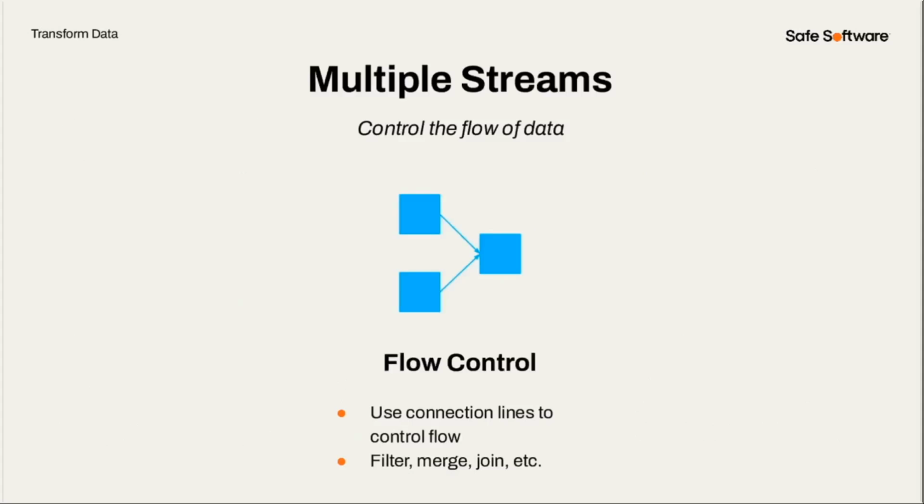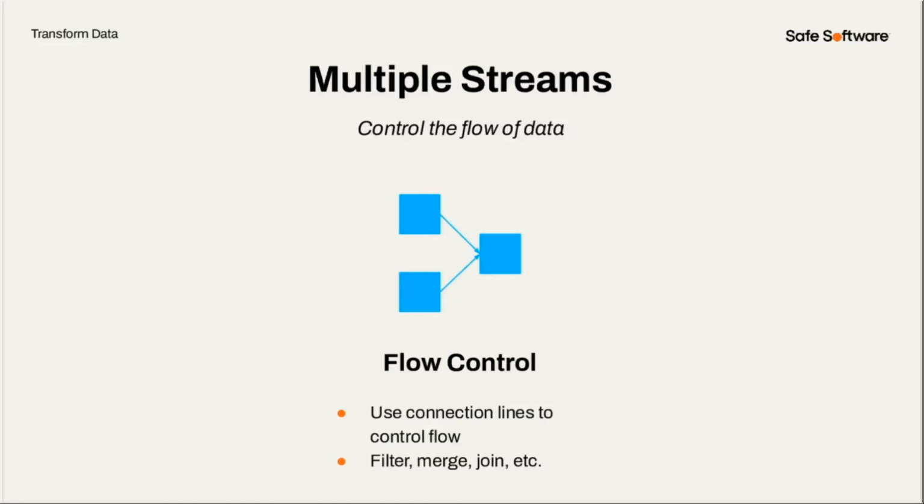In FME Workbench, as you saw, we guide features through the workspace using connection lines. And with many different transformers and many different readers and writers, you're going to have multiple connection lines coming from different parts of your workflow. And if you do have multiple connection lines coming out from different ports on transformers, then a copy of all the features will go along each of these connection lines.